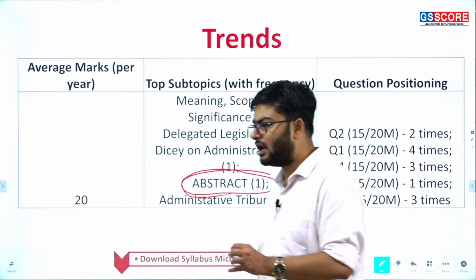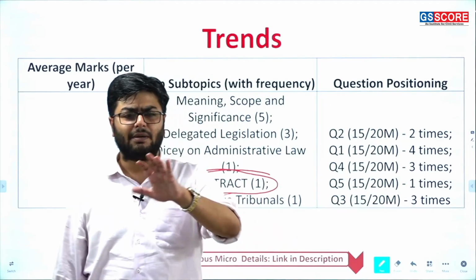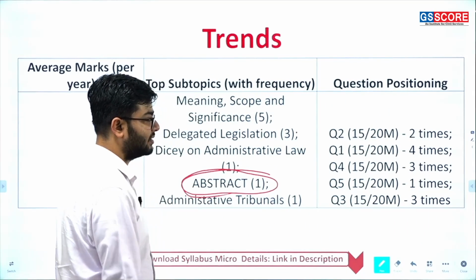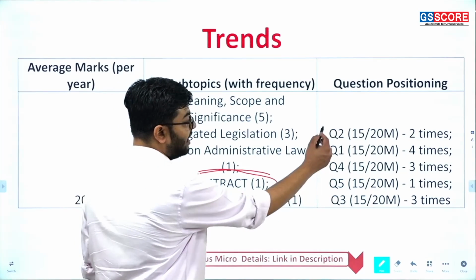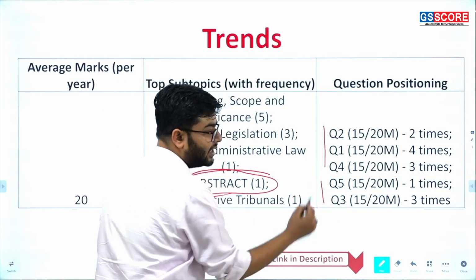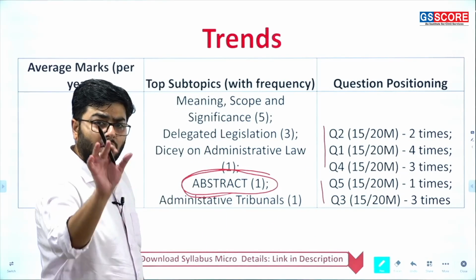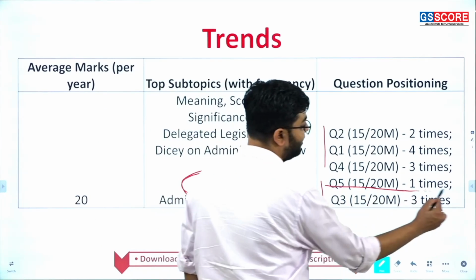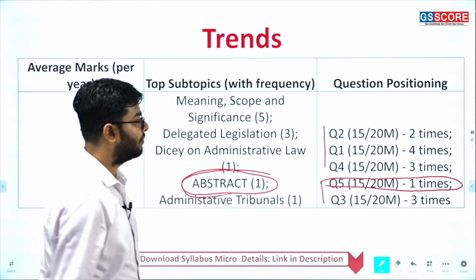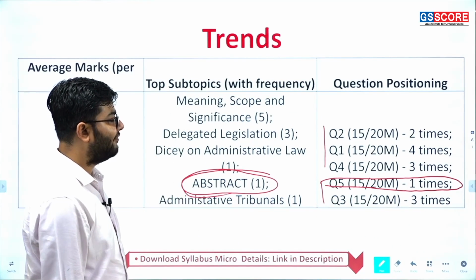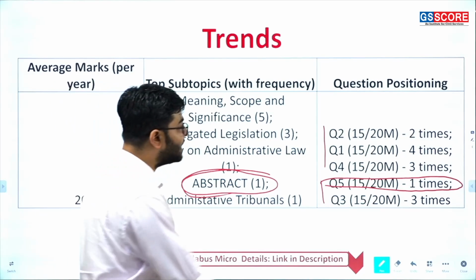Okay. Now let us look at the placement of this. Again, largely you will see part A, only some part in part B, very rarely. Okay, very rarely, but a compulsory question.